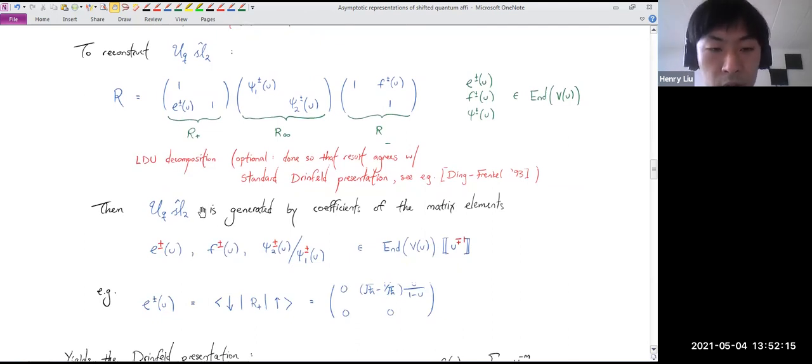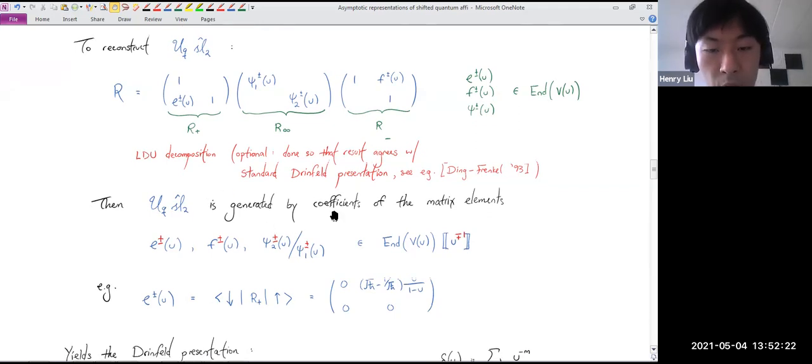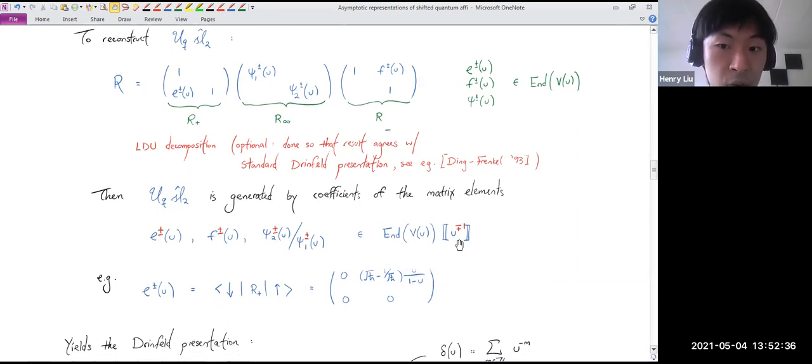The reconstruction process says that UQSL2 hat is the algebra generated by the coefficients of these E's, F's, and psi's once you expand them as power series in u. Now there's two catches here. One, you can expand around u equal to 0 or u equal to infinity, and you'll get two different things.